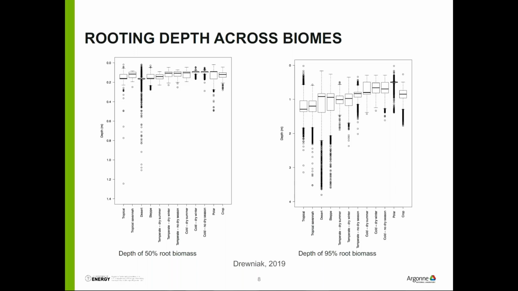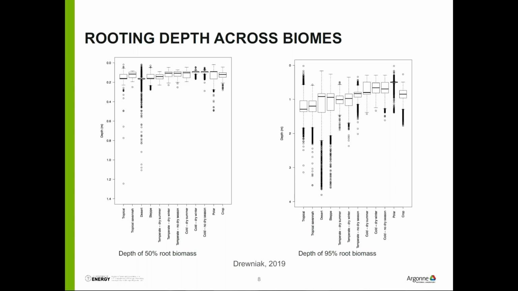But if you look at the right, the depth of 95% of the root biomass, we see there is a lot more variability, where these tropical and desert regions tend to have deeper rooting depths, while polar, crops, and the cold regions tend to have shallow rooting depths. And again, this makes sense and agrees with observations.